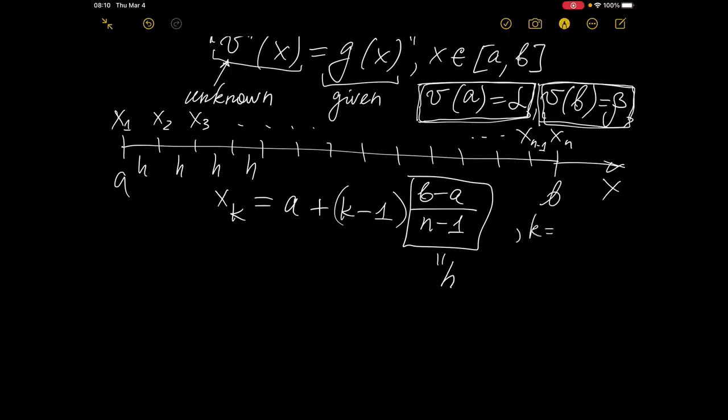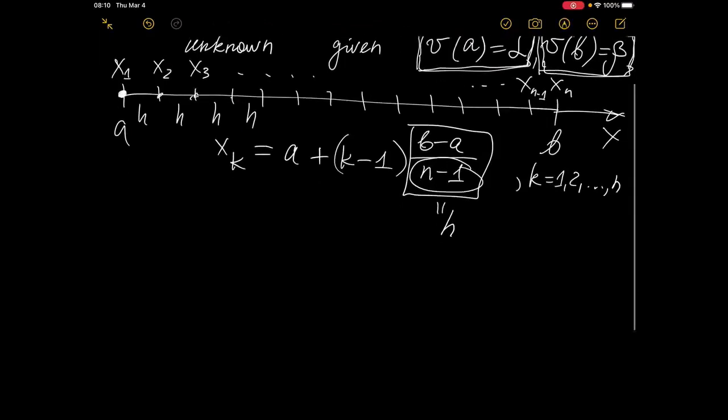So k goes 1, 2, up to n, where n is the number of grid points. This n minus 1 is because we have some extra grid point here, for example. Okay.